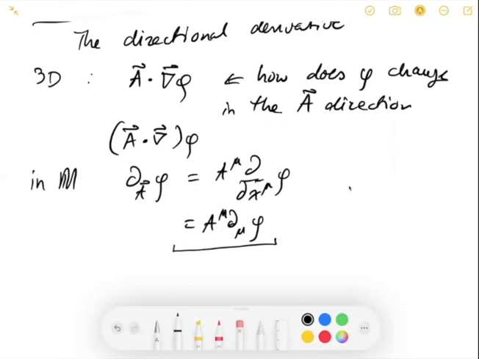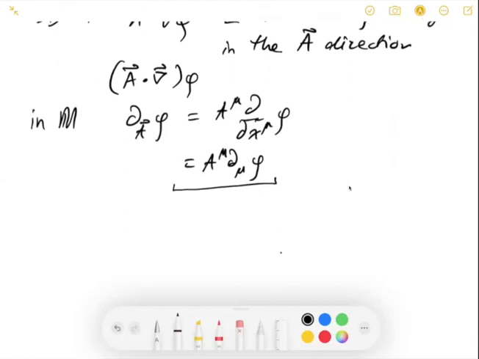We are evaluating the dot product, and we're going in the direction indicated by that 4 vector A mu.